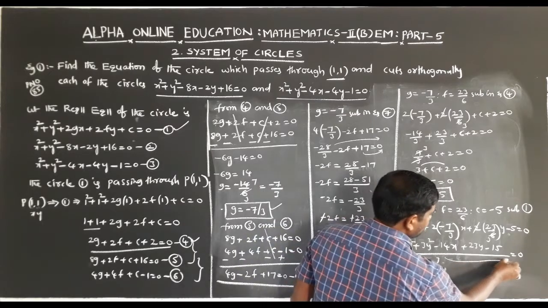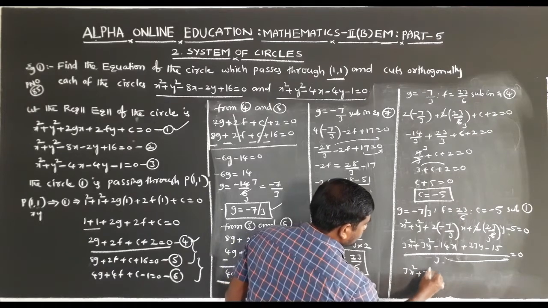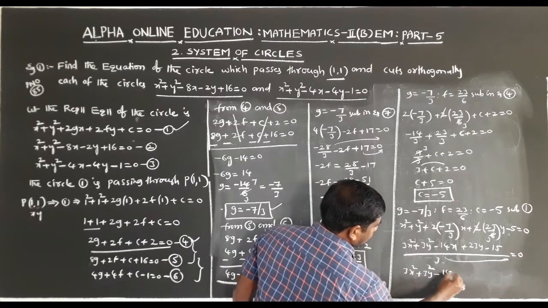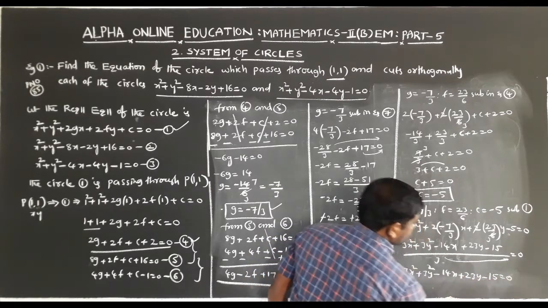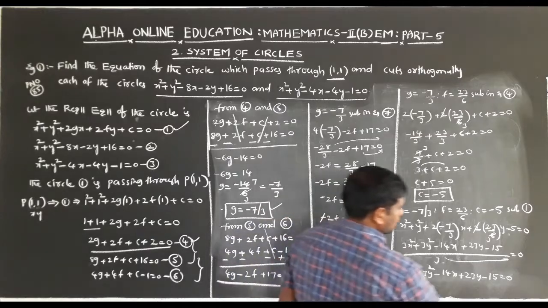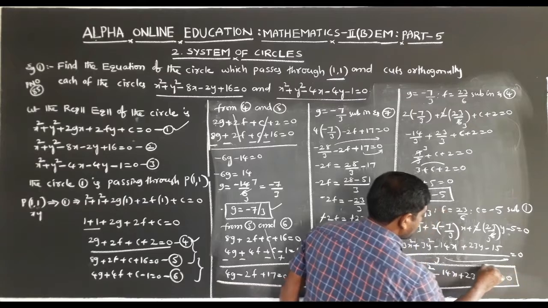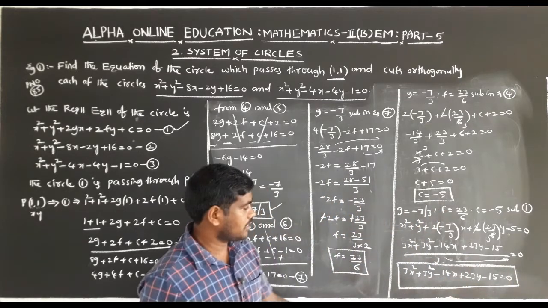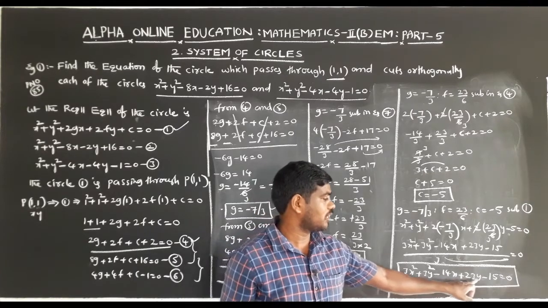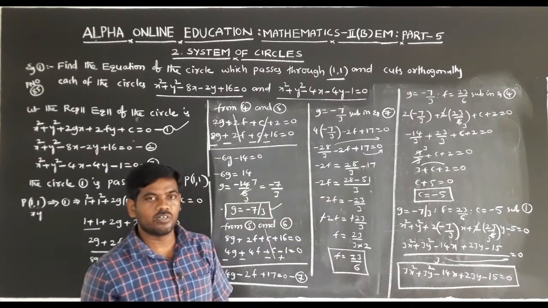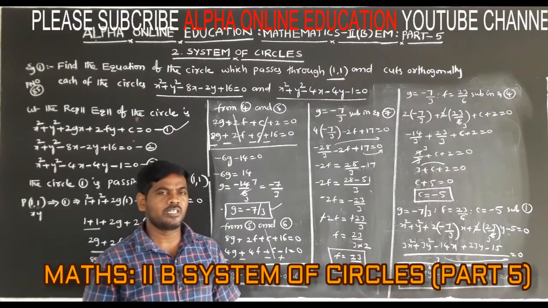Taking 3 to the right side, 0 into something is 0. 3x square plus 3y square minus 14x plus 23y minus 15 is equal to 0, which is the required equation of the circle. This is the required equation of the circle.